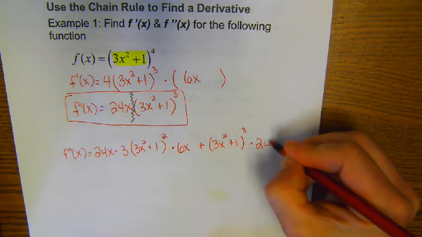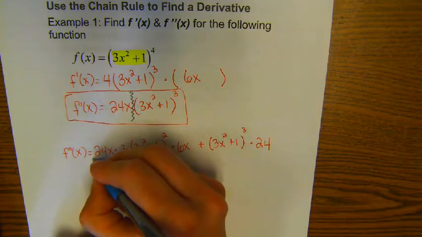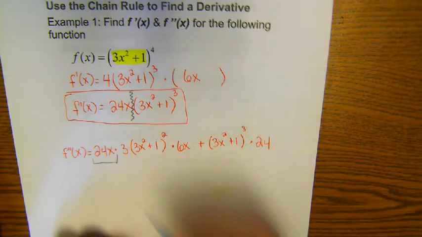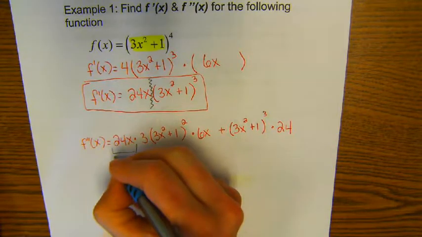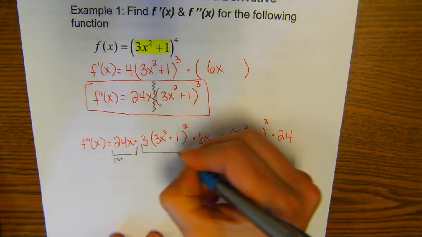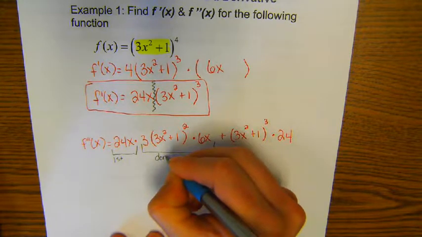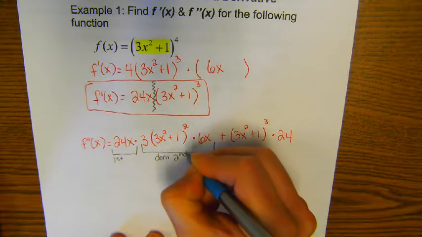Okay. I'll let you write that down, and then I'm going to kind of code what the things are. So this was my first function. This whole thing was the derivative of the second function.